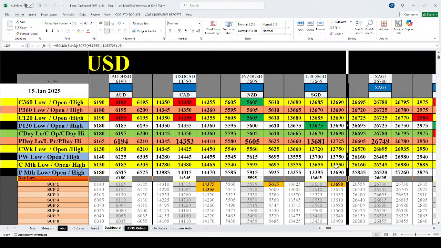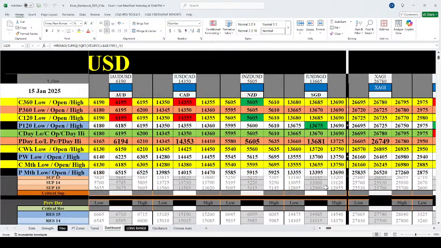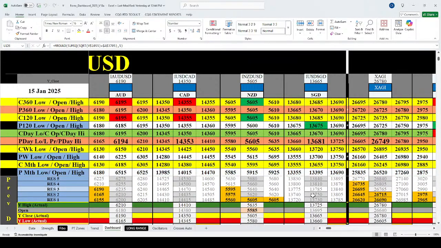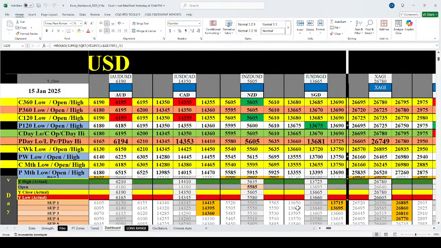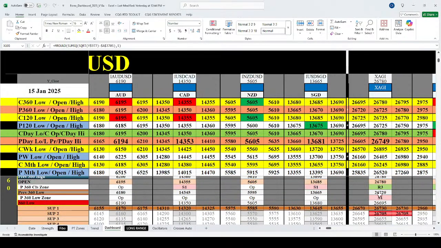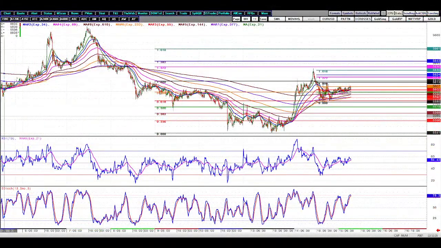So the levels we can pay attention to are 36.10 and 36.30. That should be your level of holding for a buy. Okay, let's confirm that with a chart.